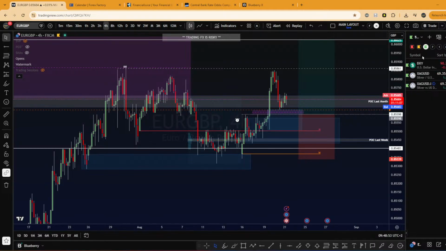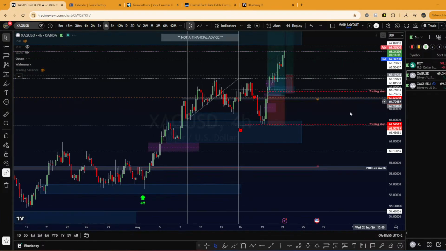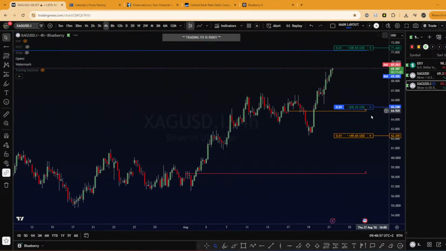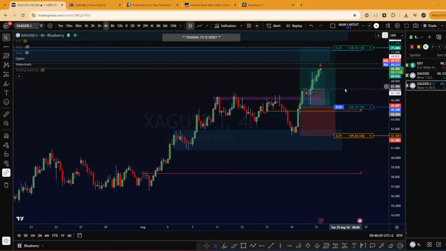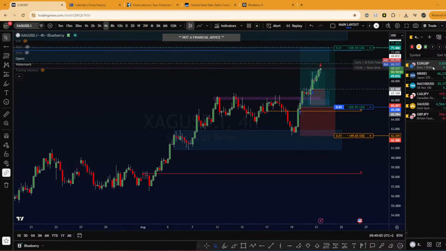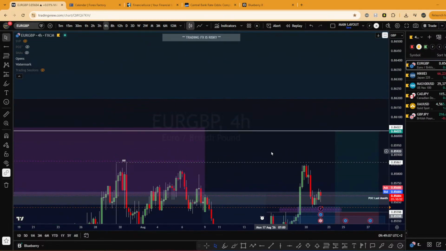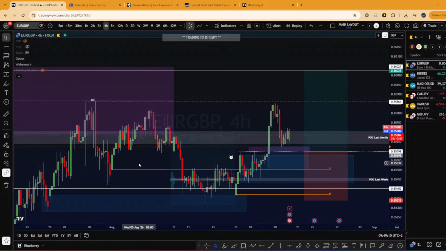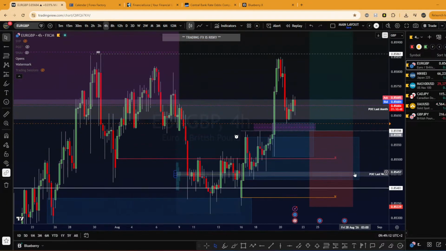And the green one is the trade I am currently in and monitoring right now, like the silver. Okay. So silver good. Euro GBP, come back to this one because this is one I am looking to trade today.